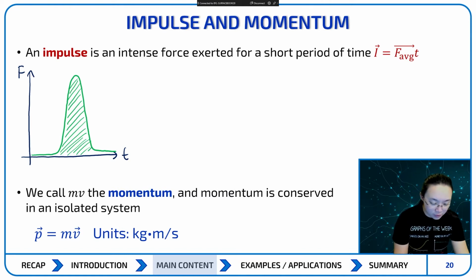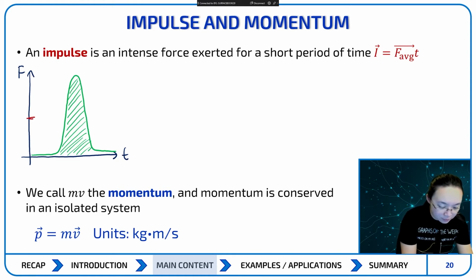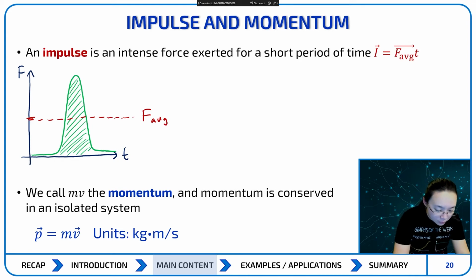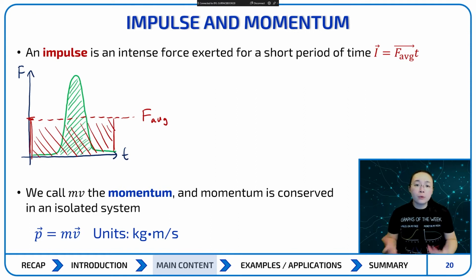But there's an easier way to solve this, and it's because if you figure out what the F average is, so let's assume this is the average force, and if you take the area underneath the curve of this, those two areas are supposed to be equal to each other.